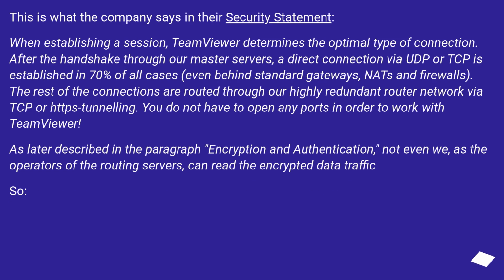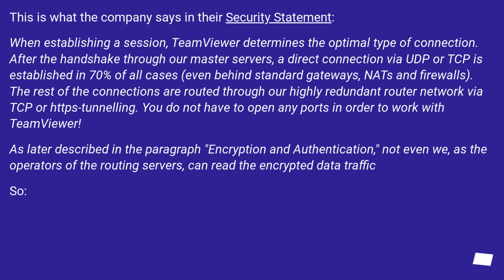This is what the company says in their security statement. When establishing a session, TeamViewer determines the optimal type of connection. After the handshake through our master servers, a direct connection via UDP or TCP is established in 70% of all cases, even behind standard gateways, NATs and firewalls.